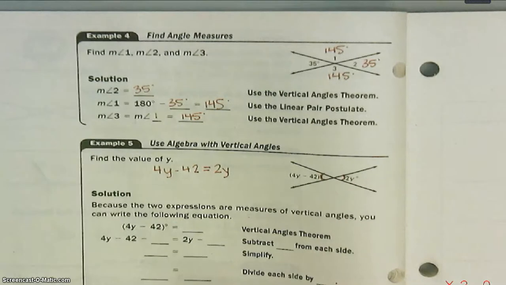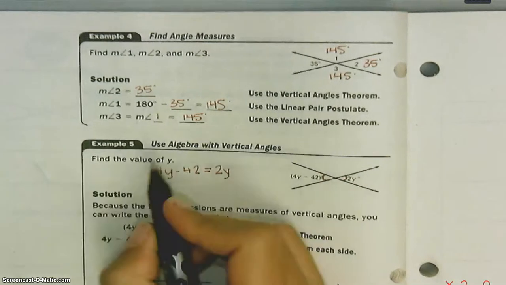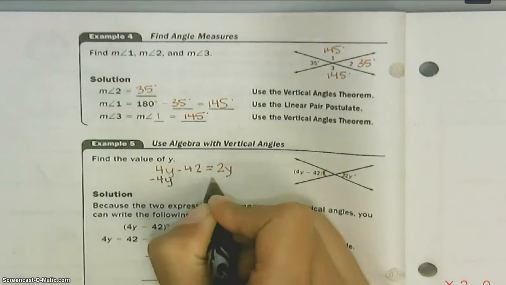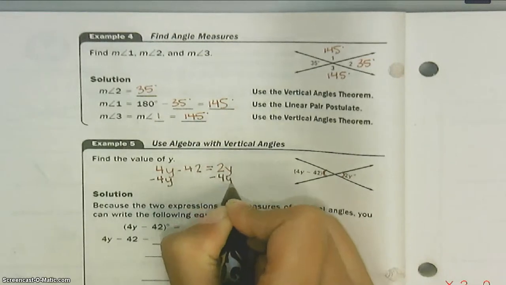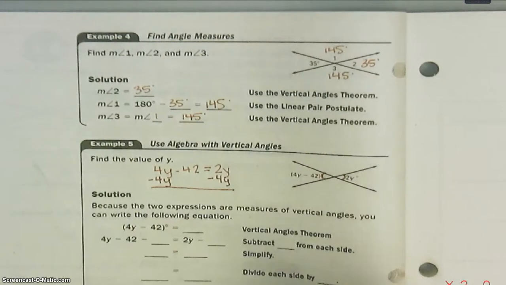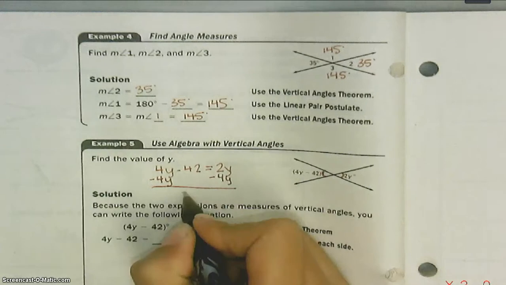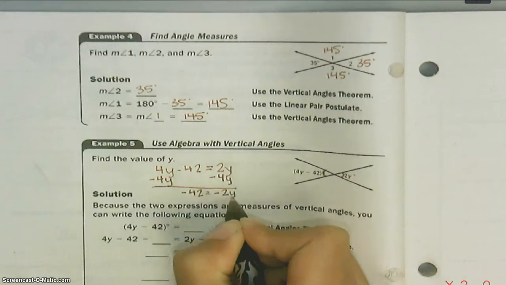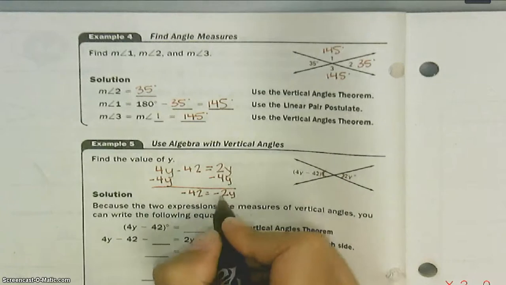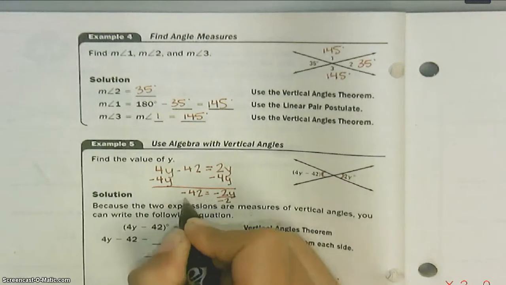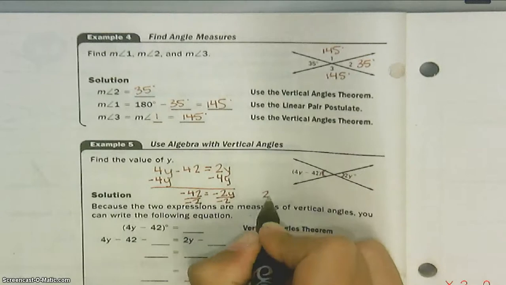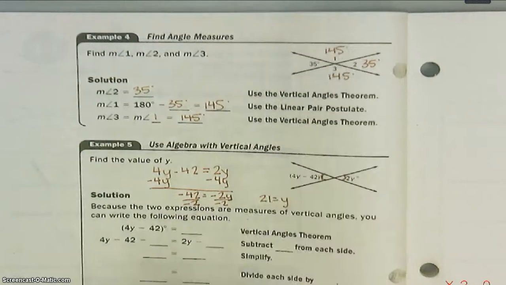Well, now I want to get my y's together. So I'm going to subtract 4y from both sides. And I get negative 42 equals negative 2y. Then I'm going to divide both sides by negative 2. And I end up with 21 equals y.